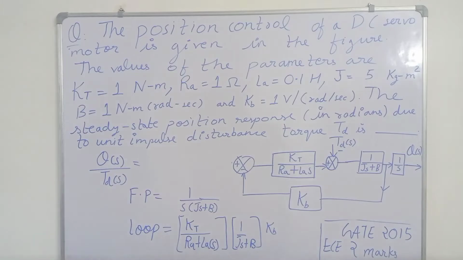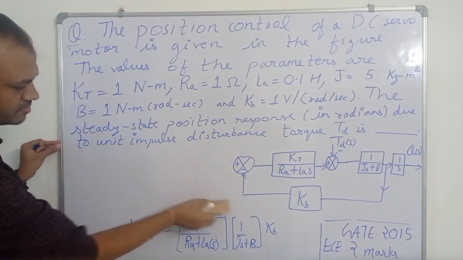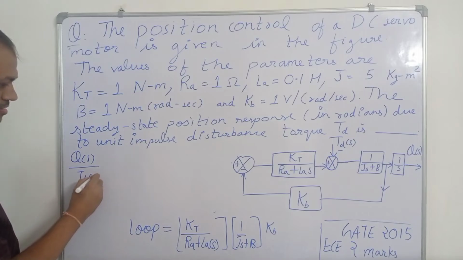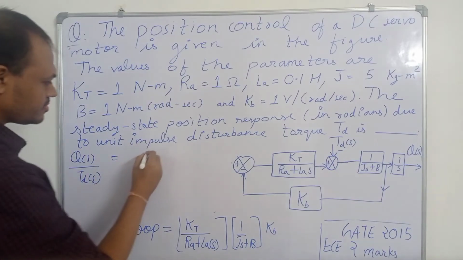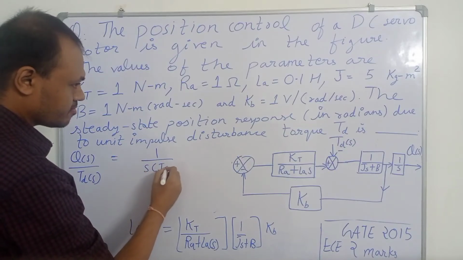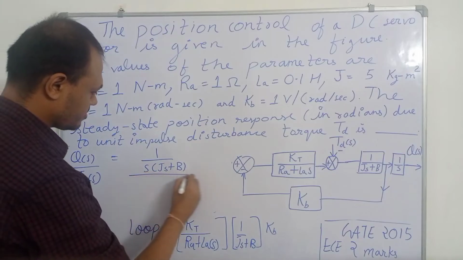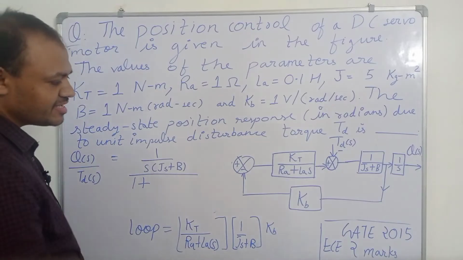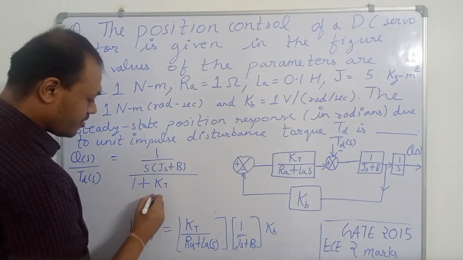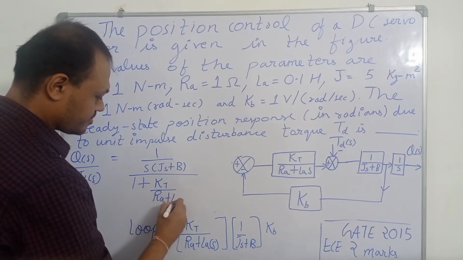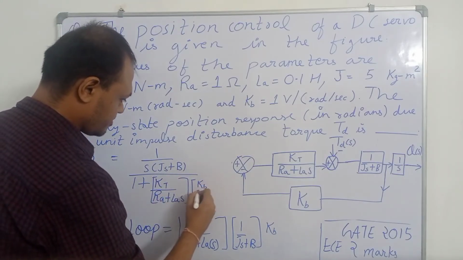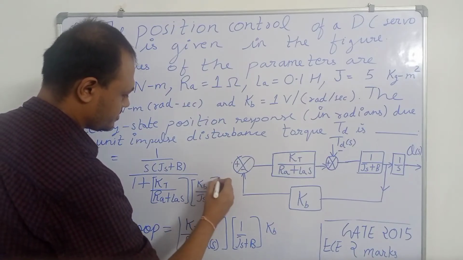So the transfer function will be equal to the forward path gain upon 1 plus the loop gain.